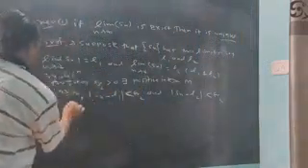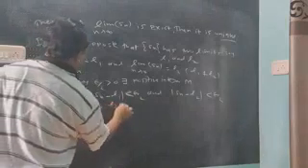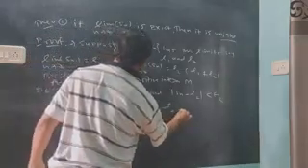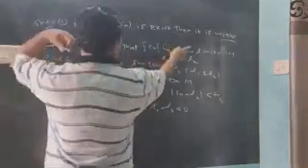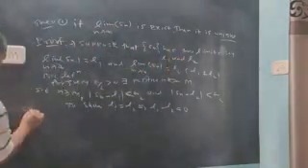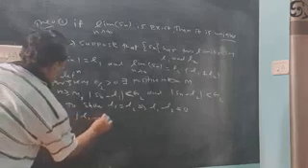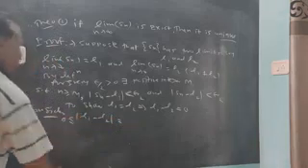Now we have to show L1 equals L2. That means L1 minus L2 equals 0. Now consider mod of L1 minus L2, which is always positive.